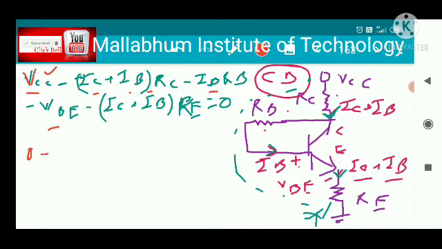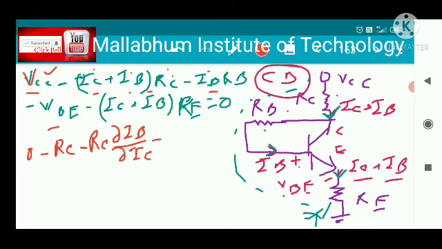If you make this differentiation with respect to IC, the term IC into RC comes out to be RC, and minus RC del IB by del IC, because IB is not fixed with respect to IC.